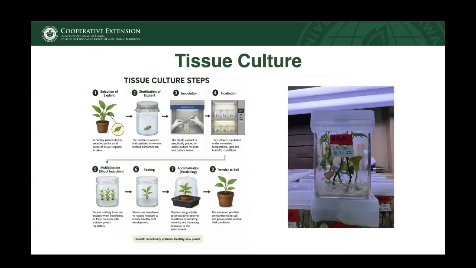And so some of the steps for tissue culture, assuming you have a really clean explant or mother plant, you can take a leaf from that plant, sterilize it, sterilize the media you're going to put it in, and then you take a small piece of that plant material, and you put it on agar, which is like a gelatinous material.